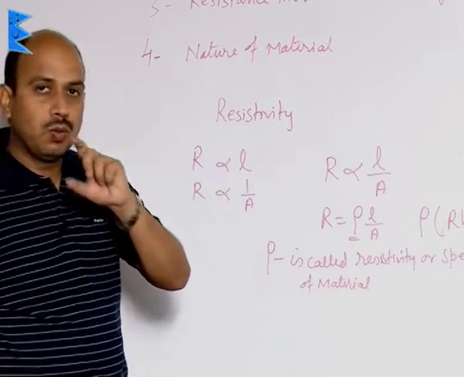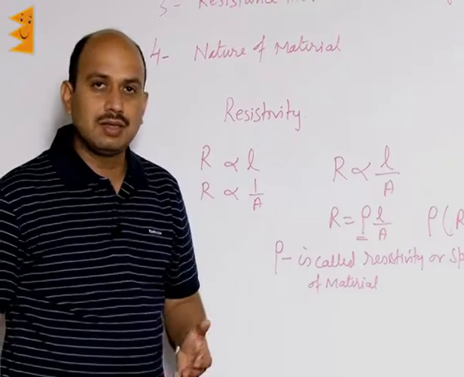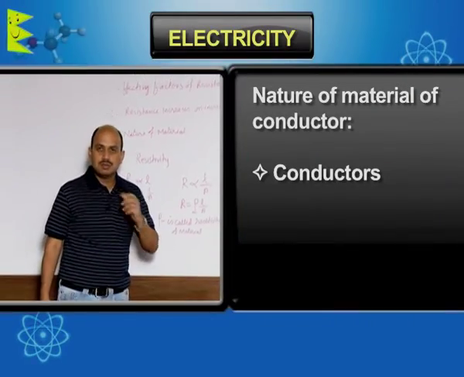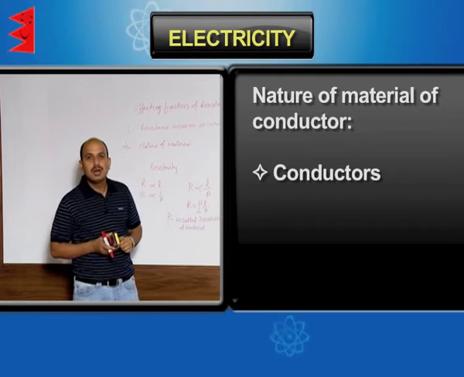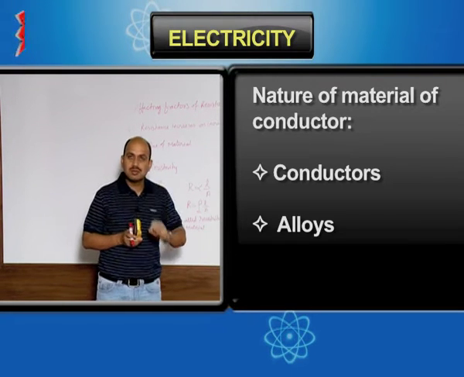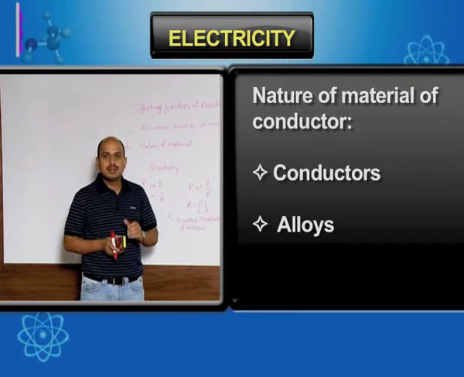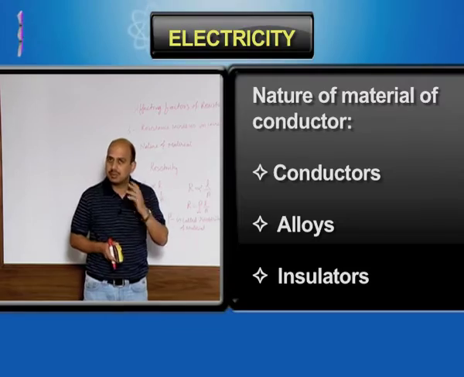Just by knowing the resistivity of the material, we can classify materials into three parts. One is conductors, which have very low resistivity. Another one is alloys, which have greater resistivity than conductors, and the third one is insulators, which have very high resistivity.